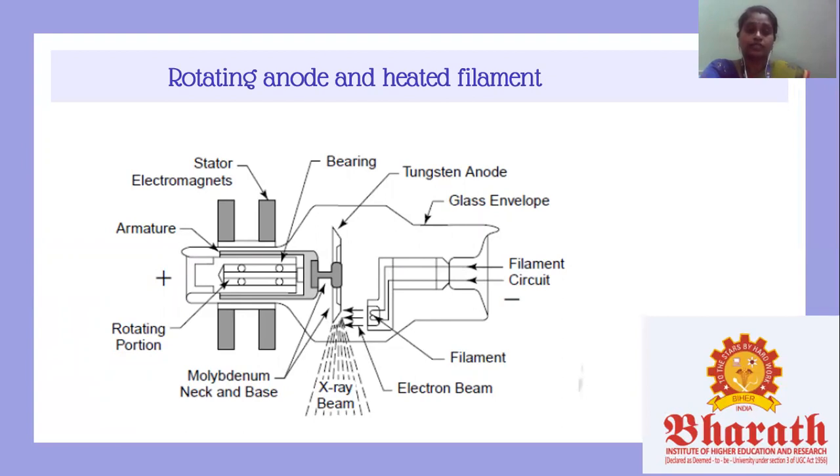This is the picture showing the anode and the filament attached together. So it has a rotating portion, armature, electromagnets, and tungsten filaments.